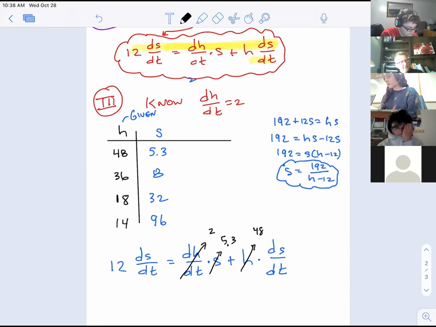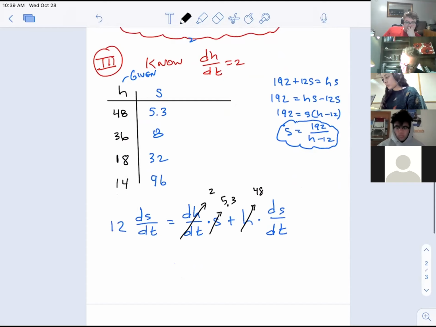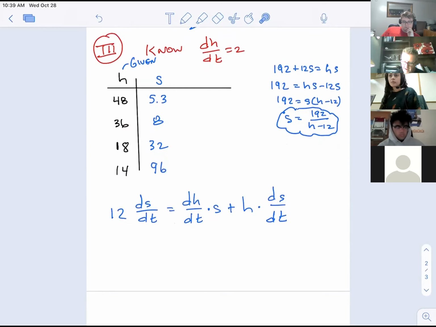But again, notice ds/dt happens to be in this equation twice. And so I'm thinking, gosh, to solve for that, it just seems like a pain. And I think I'm going to do something even better. Before I even plug those numbers in, and what I'm getting at here is, do you speak the language of algebra? Just like I did over here, when I resolved this to spit S out, I'm going to resolve this top one so it'll spit ds/dt out.